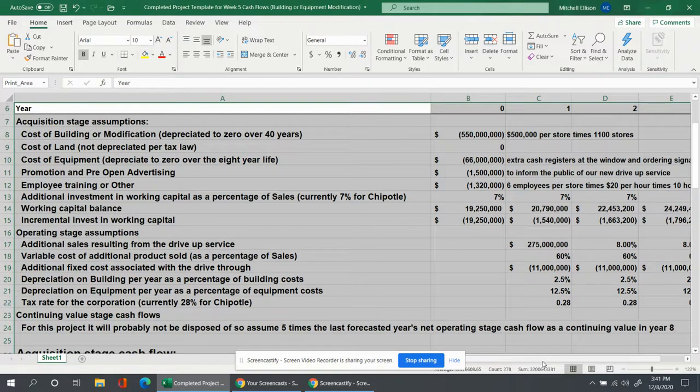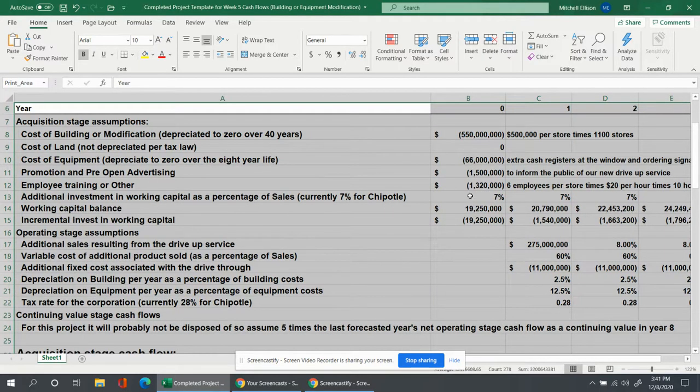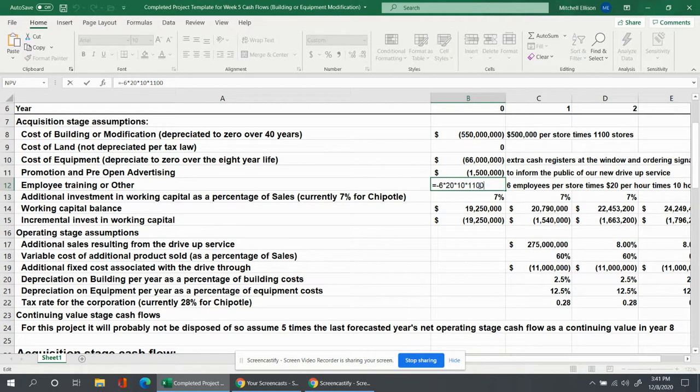In other words, some of those employees have to be trained in how to work the drive-through, and that's a little different, times the 1,100 stores. When you multiply all that together, the 6 employees times $20 an hour times 10 times 1,100, you get $1,320,000.